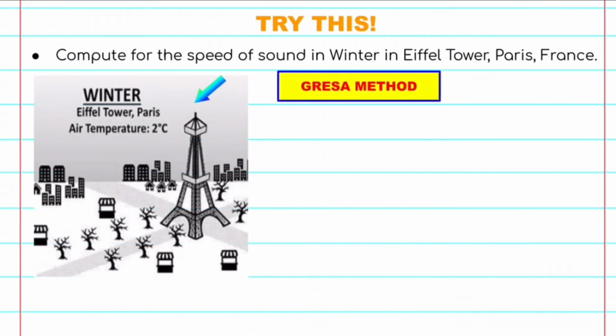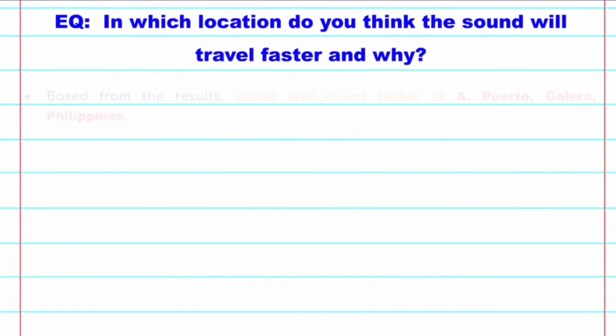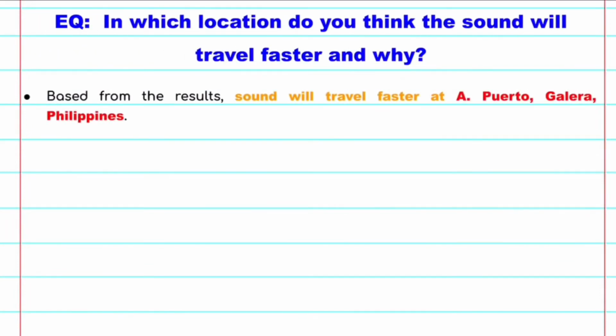Using the GRESA method, you were asked to compute for the speed of sound in winter in Eiffel Tower, Paris, France, with a given air temperature of 2 degrees Celsius. Answer: 332.2 meters per second. So, based on the results, sound will travel faster at A, Puerto Galera, Philippines.